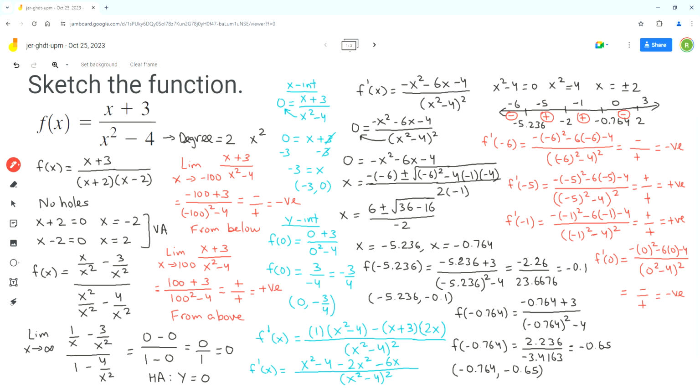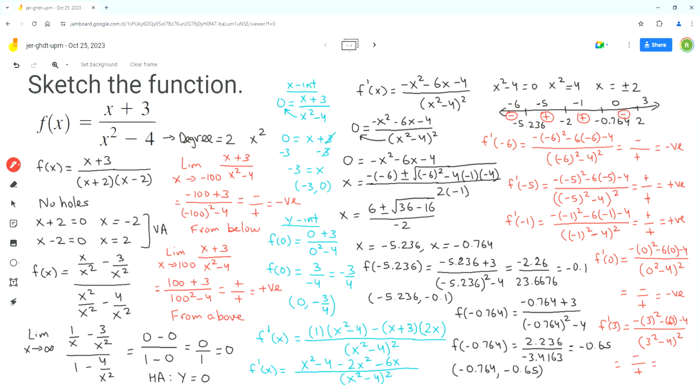Now we can use the last test value. So we'll get a positive value in the denominator, and in the numerator we'll get a negative value because all terms are negative.